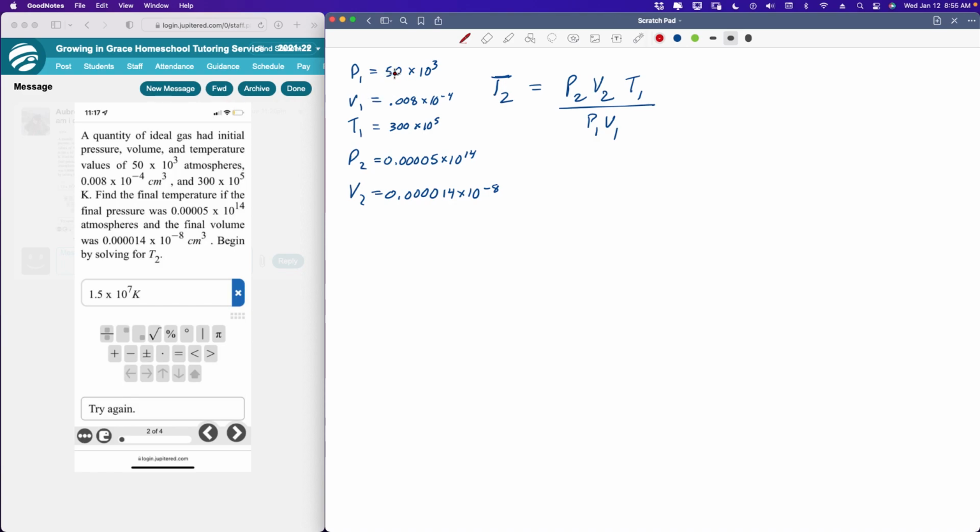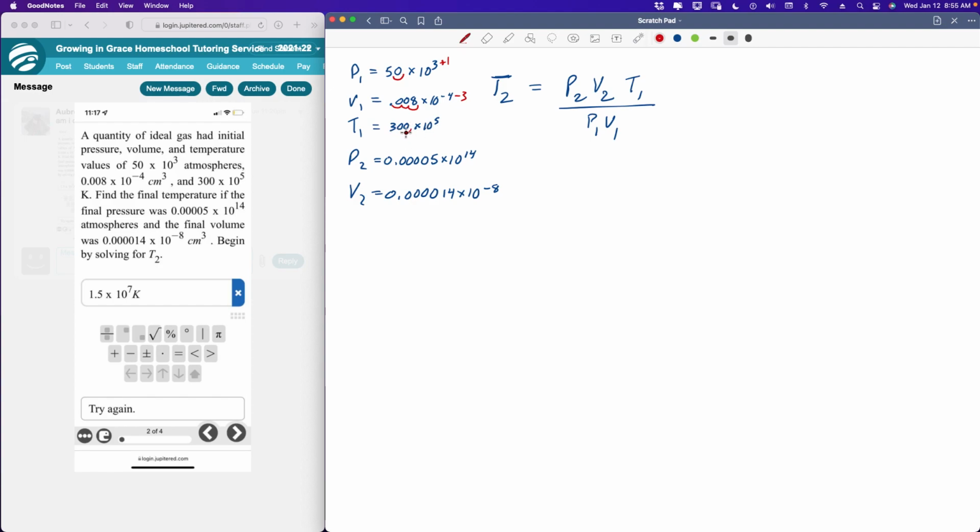So this is 50. In standard scientific notation, we don't want to have but one place, and that's the ones place. So we're going to move the decimal this way. Because it's moving to the left, it's going to be plus 1. This decimal goes 1, 2, 3. Because it's moving to the right, it's minus 3.